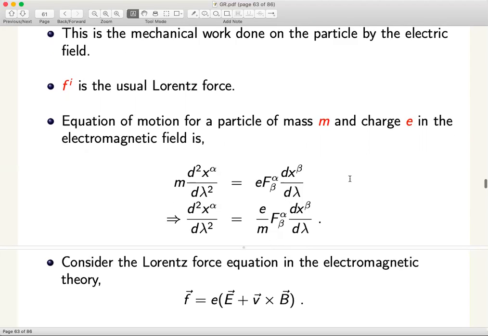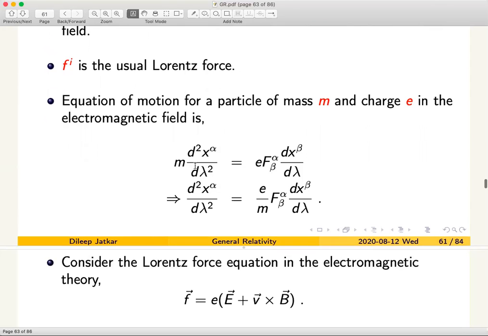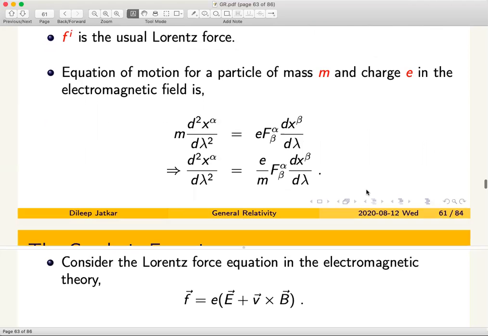This equation takes a form where the second derivative of x alpha is related to f alpha beta dx beta by d lambda. Just to bring it into the form that we had seen for the geodesic equation, we write this equation in this form, pulling the m down.